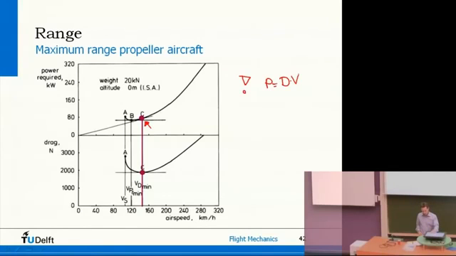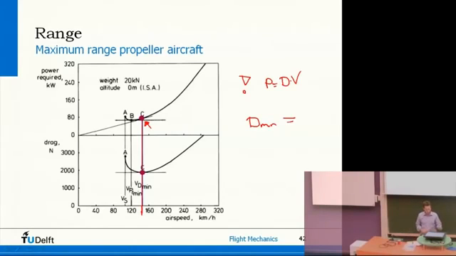So the airspeed at which you have minimum drag is not the same as the airspeed where power is minimal. And that's because basically by multiplying with speed you kind of tilt the whole curve. So the minimum point is not the same. So you can read straight away from the diagram what the minimum point is, and from there you can actually see, well, that is the speed I have to fly at in order to fly as far as I can.